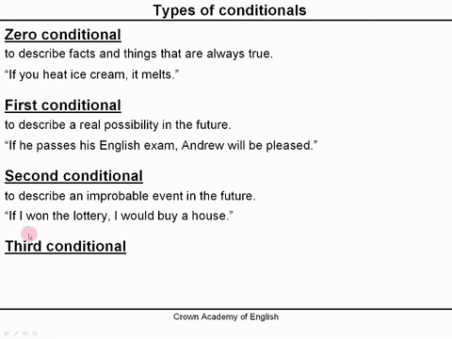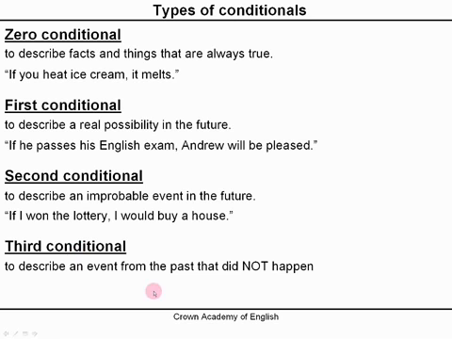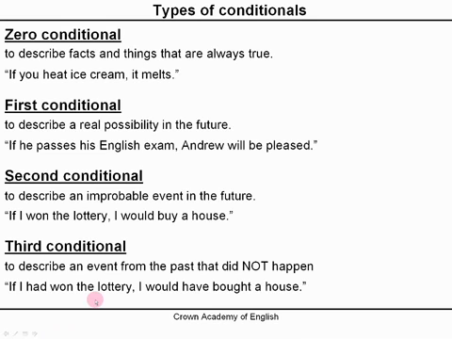Example, if I won the lottery, I would buy a house. And finally, the third conditional is used to describe an event from the past that did not happen. And an example of this is, if I had won the lottery, I would have bought a house.